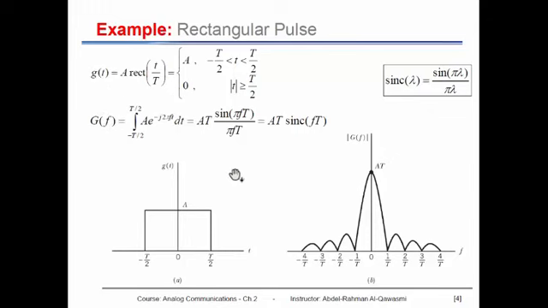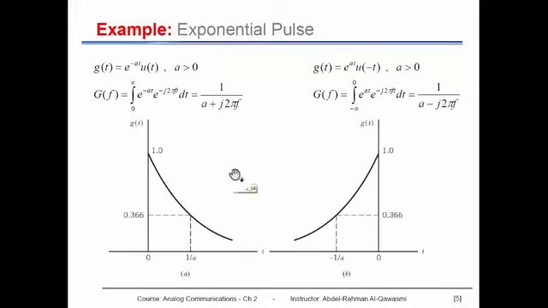to frequency domain. This is a second example, but now we are talking about the exponential pulse. This is the function of the exponential pulse: g of t equals exponential minus a t. Of course, you know this is the unit step function.